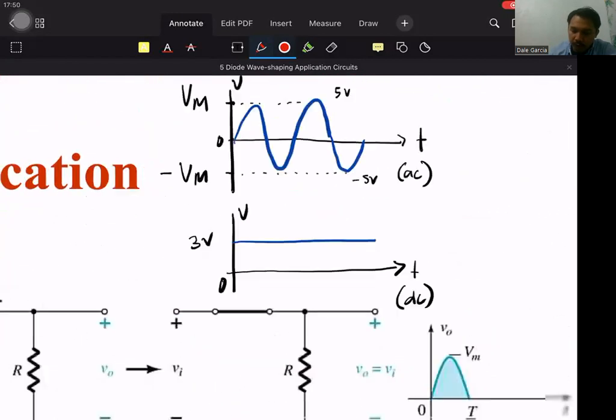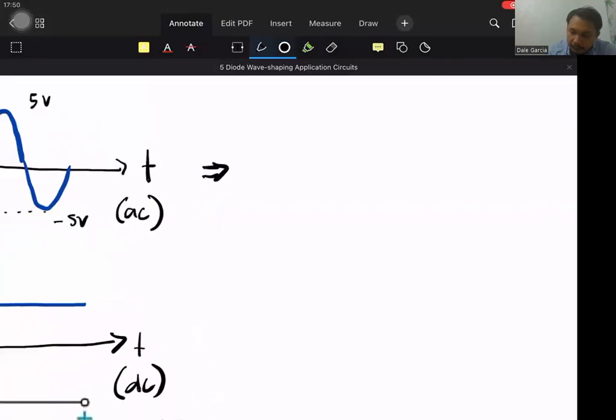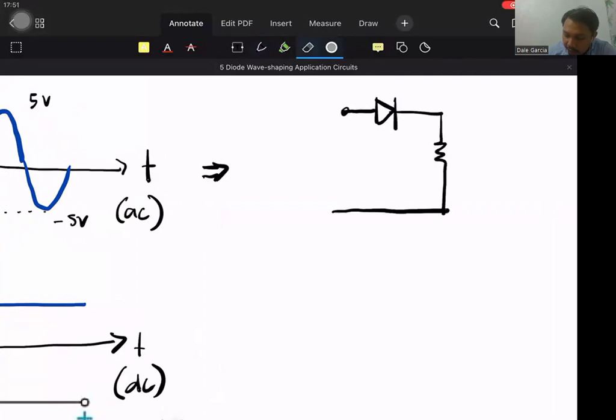This is our input to the circuit. Basically, there is no ground, because AC sources don't have a ground. This is the symbol for the AC source, with a sine wave.